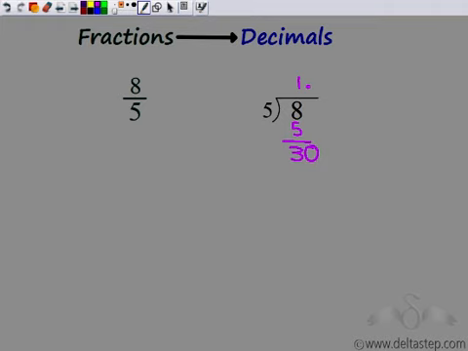So what times 5 gives me 30? 6. So 6 into 5 gives me 30. Keep on dividing till the remainder becomes 0. So the remainder has become 0 here. I get 1.6. So this number 8 by 5 can be written as 1.6.